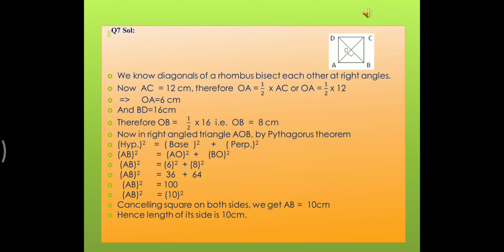That implies AB square is equal to 100. That implies AB square is equal to 10 square. We know square of 10 is 100. So cancelling square on both sides, we get AB is equal to 10 centimeter. Hence, length of its side is 10 centimeter.